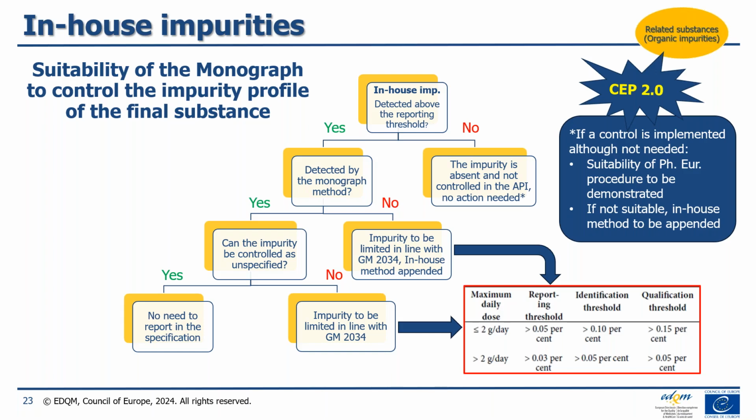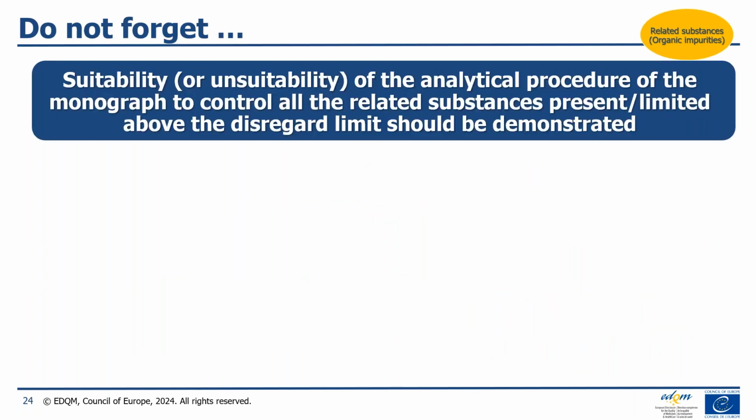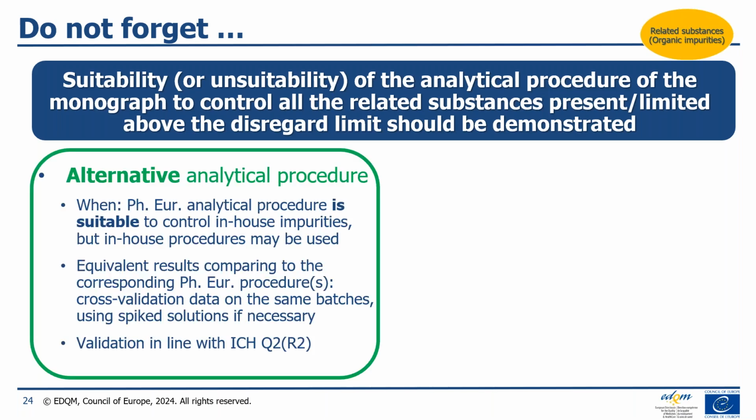Let's see now what is the suitability or unsuitability of the analytical procedure of the monograph to control all the related substances present limited above the disregard limit. And this should be demonstrated by the method of the monograph or by an alternative analytical procedure.